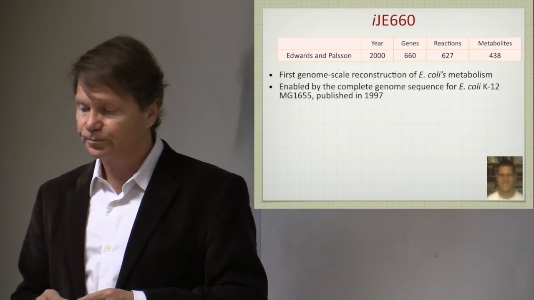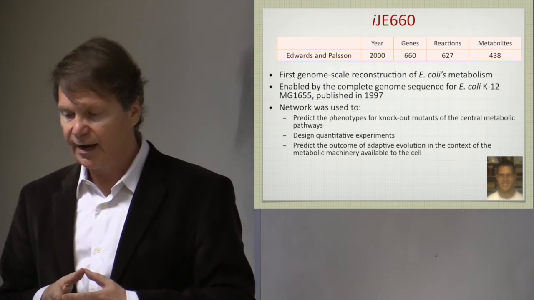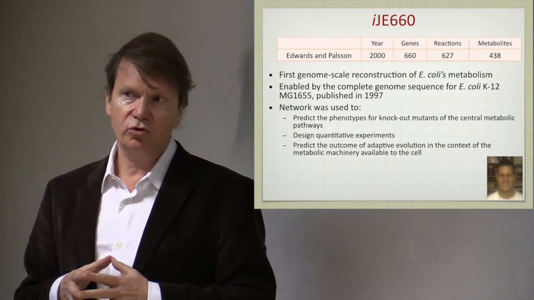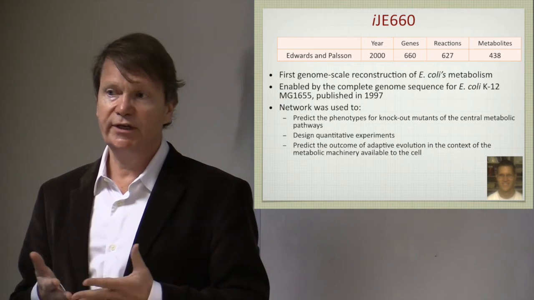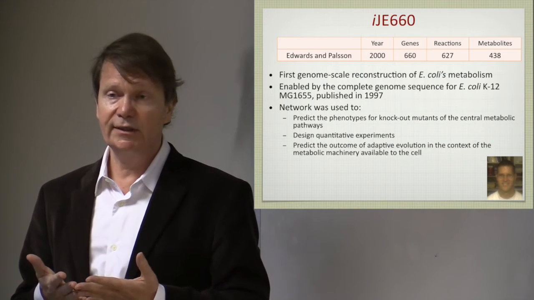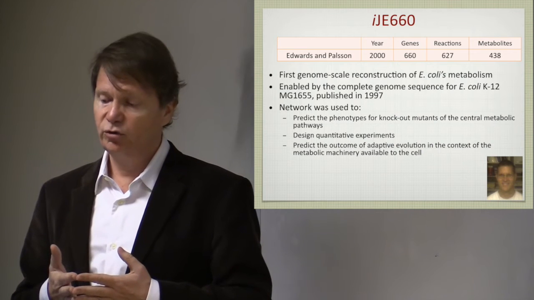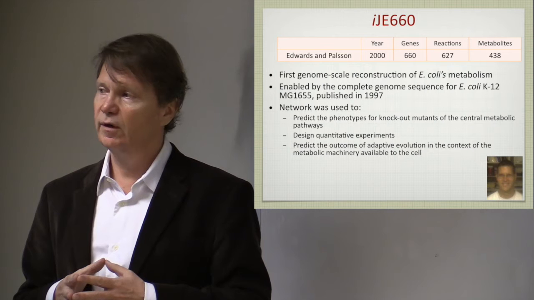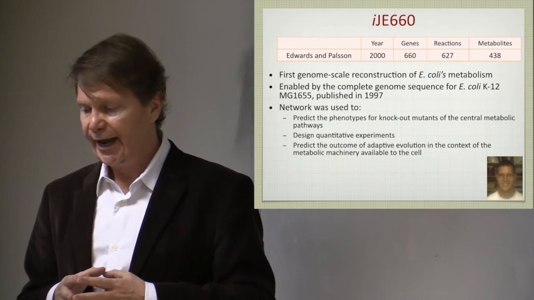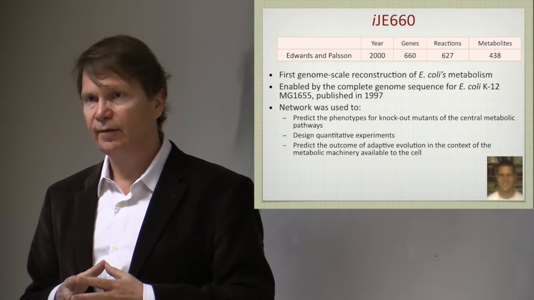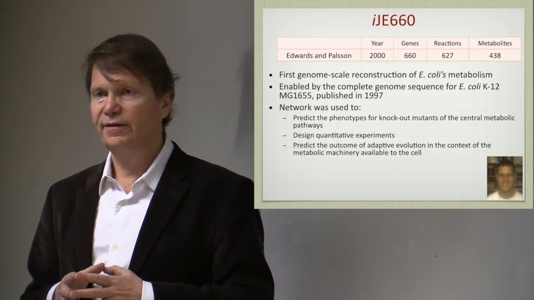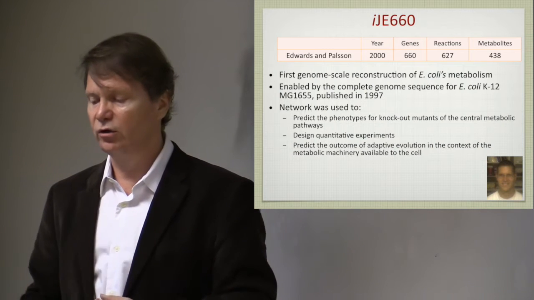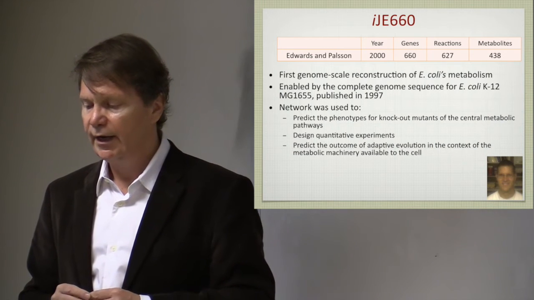Okay, so what was this used for? This was actually the first reconstruction that could now predict the consequence of genetic manipulation, because genes were explicitly accounted for in here. And in 2000, there were a few dozen metabolic knockout mutants available for E. coli. And as I show in the next slide, the prediction of lethality of gene deletion, or prediction of gene essentiality under a given condition, was enabled.